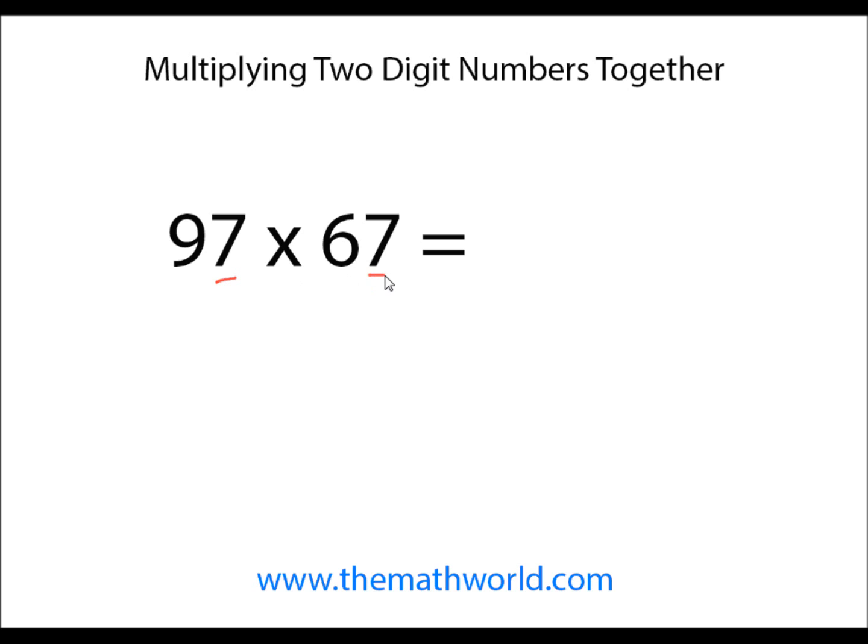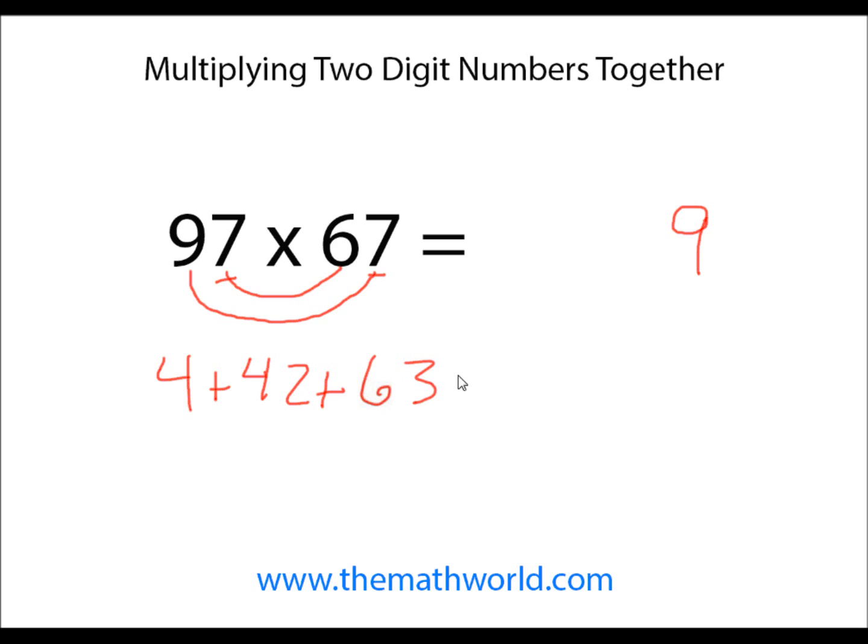Last example we're going to look at is 97 times 67. Multiply the ones digits by each other. It's 49. Write down our 9. We'll carry our 4. And we'll add that to 7 times 6, and then 9 times 7. 7 times 6 is 42. And 9 times 7 is 63. So we'll add those together. 4 plus 42 is 46. Plus 63 is 109. We will write down our 9.